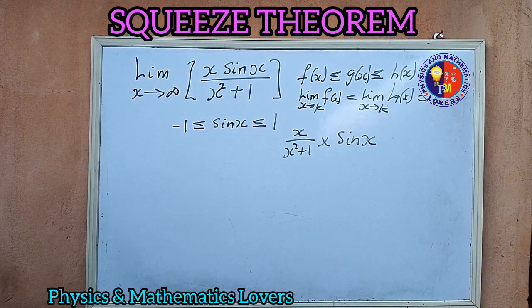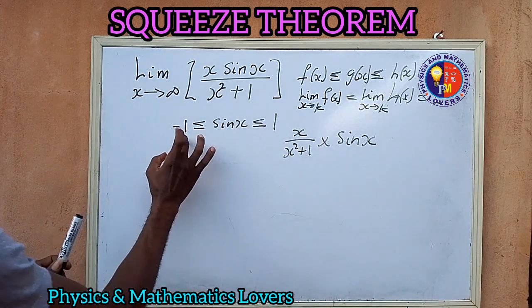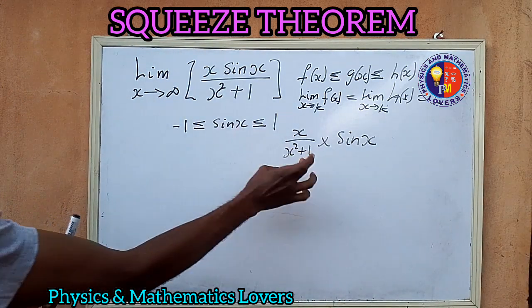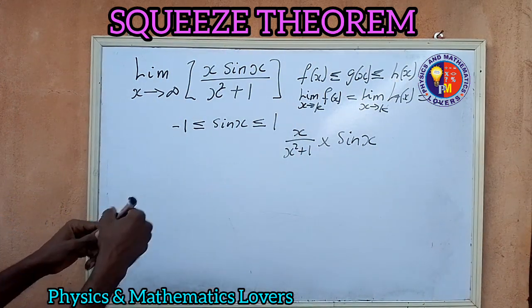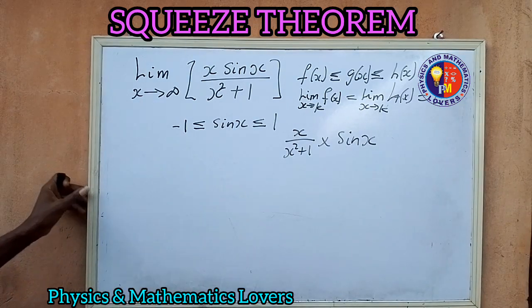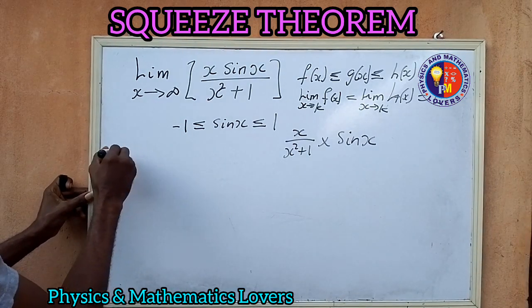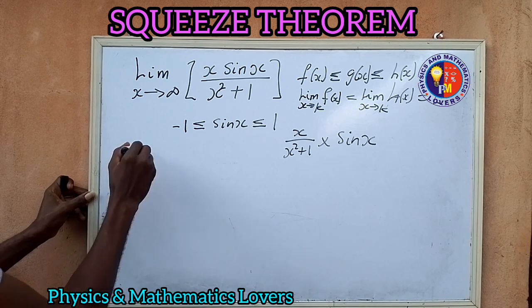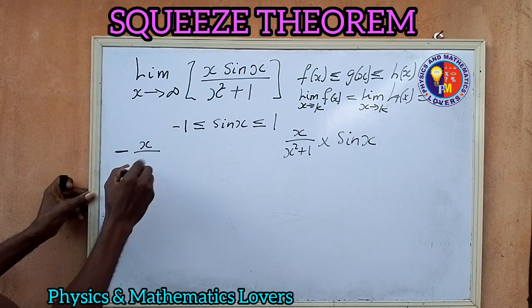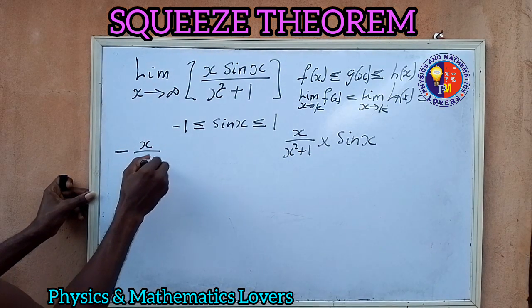So now we solve using the squeeze theorem. Multiply through by x over x squared plus 1.